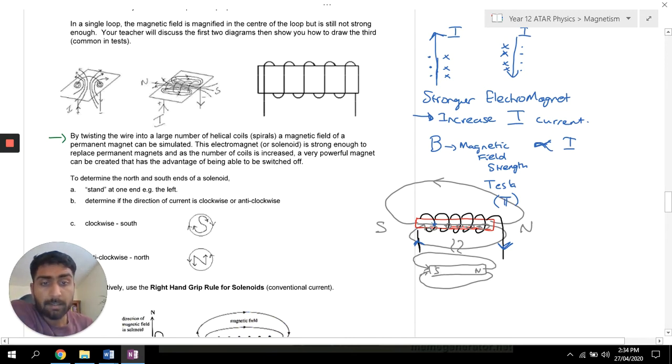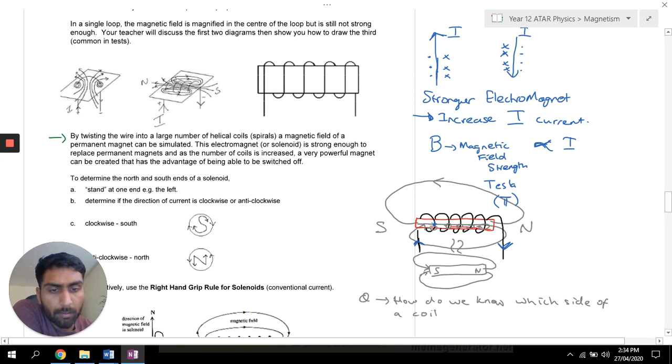Now the next question is: how do we know which side of a coiled wire, or solenoid, is north or south? Which one acts like the north or south?